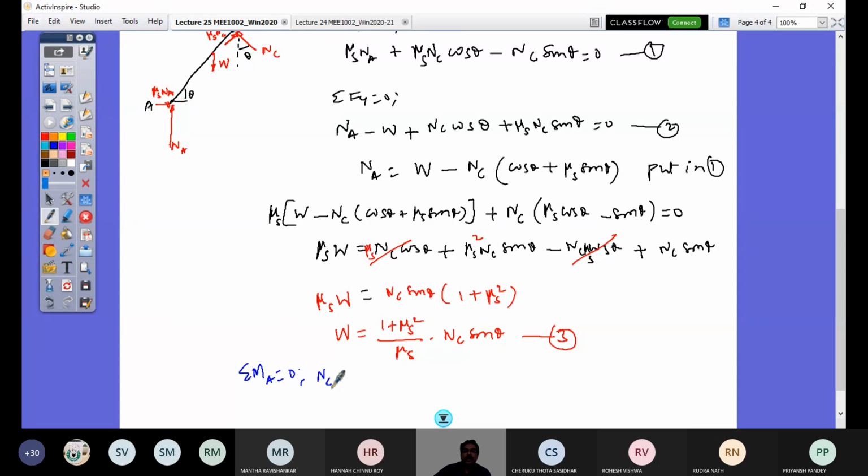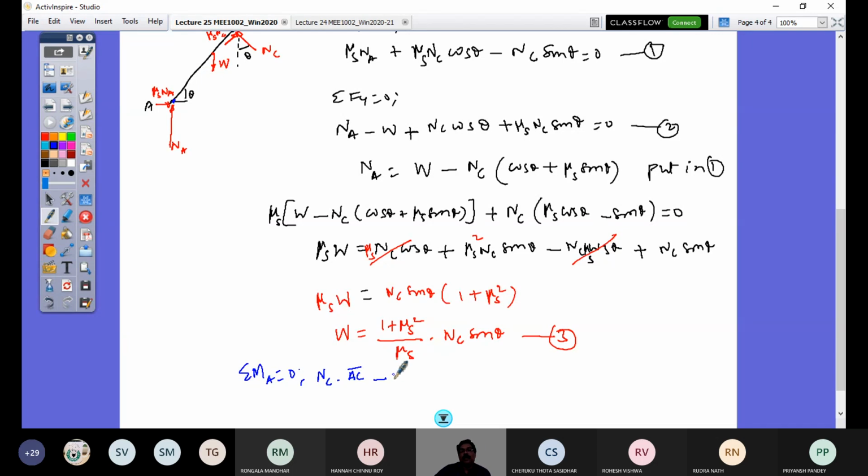NC into, let me take that as the distance AC, minus, so that would create a counterclockwise moment about this point, minus this W. I can have two components, one along the ladder and another perpendicular to the ladder. So if this angle is theta, and this is to the vertical theta, this to the normal, W cos theta into L by 2.